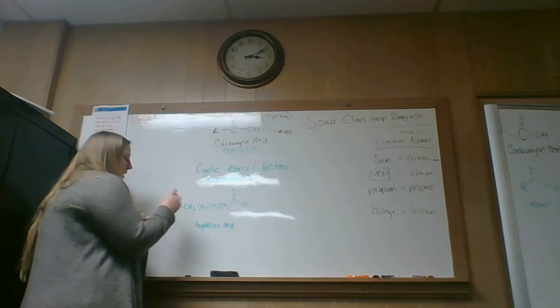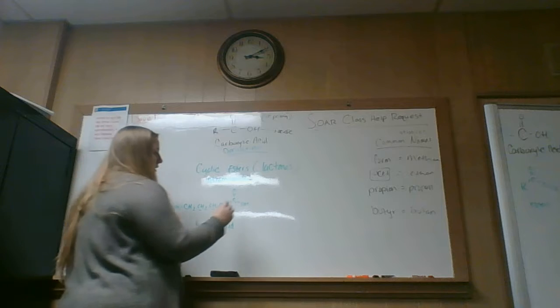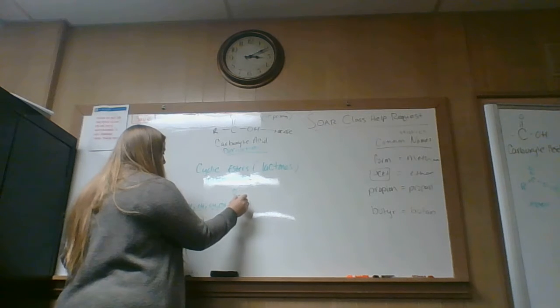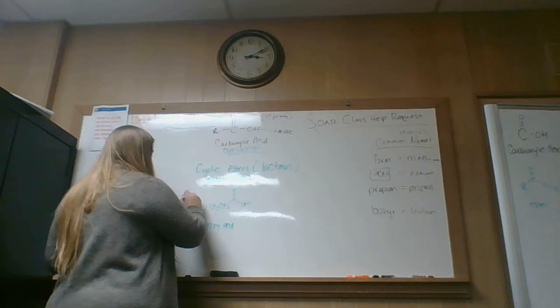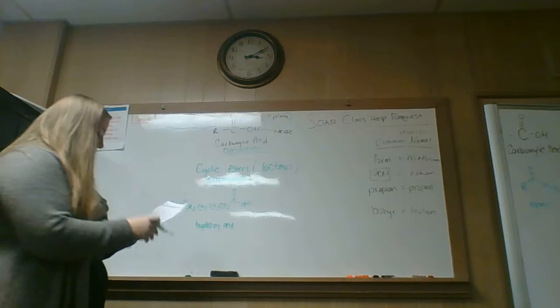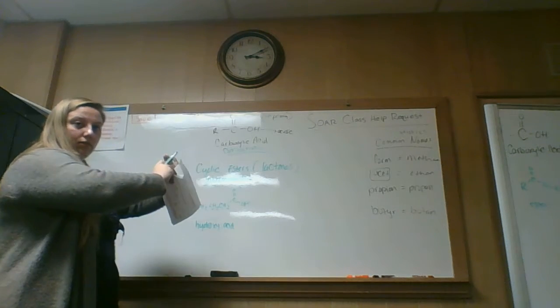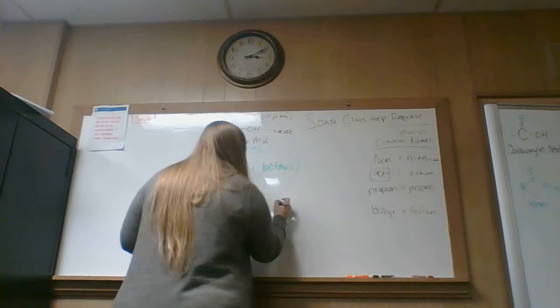So again, it's the same process. We're going to remove the OH group, remove the hydrogen, and this O is going to react there. So it's going to fall in on itself. It's going to end up looking like this.